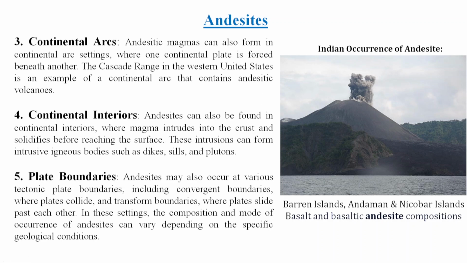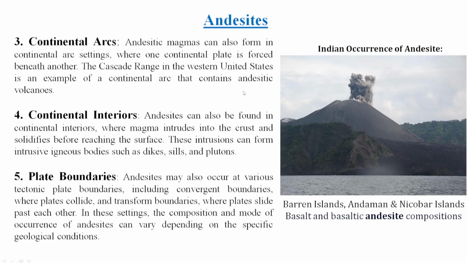Then you can also get andesite in continental interiors, where these are intrusions that generally are present as plutons or sometimes dikes. And obviously the most commonly occurring andesites that you will find will be near plate boundaries.